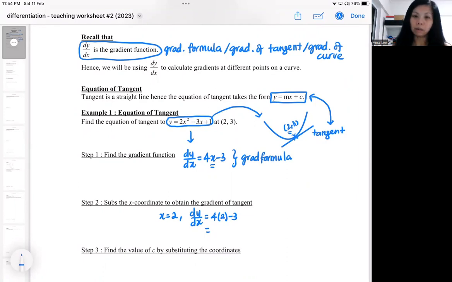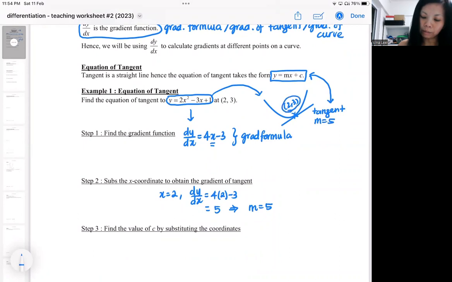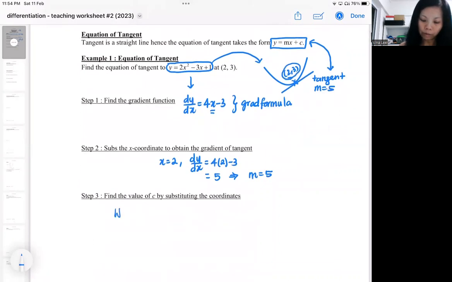So you substitute the x value, you get dy/dx, 8 minus 3 is 5. That means the gradient is 5. So here the gradient is 5 and it passes through this point. With the gradient and a coordinate, your mx plus c will be something like this.